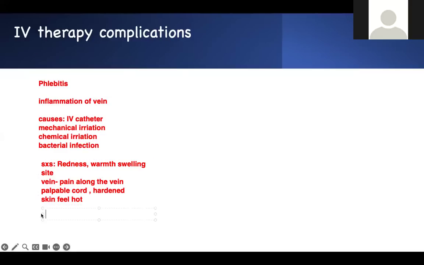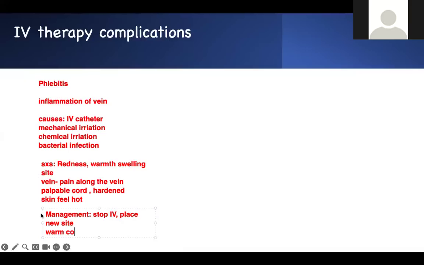What is your management? Intervention. In your NCLEX, for every content you see, figure out what you do, because nurses are managers. They'll figure out how to fix the problem, right? The best thing, stop the IV. Okay. And place another one at a new site to prevent the ongoing problem. Now you've got to take care of the condition over there.